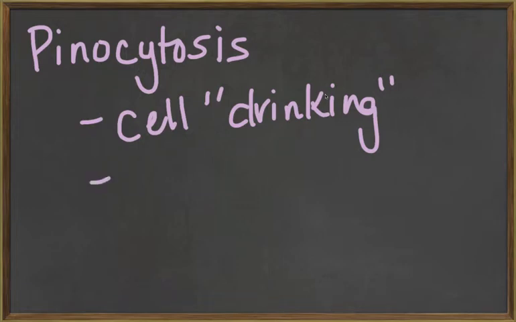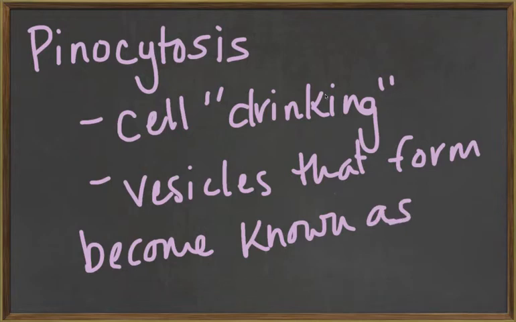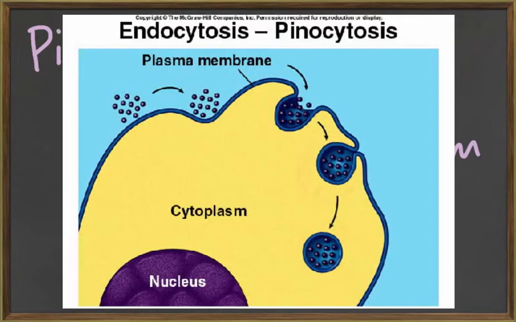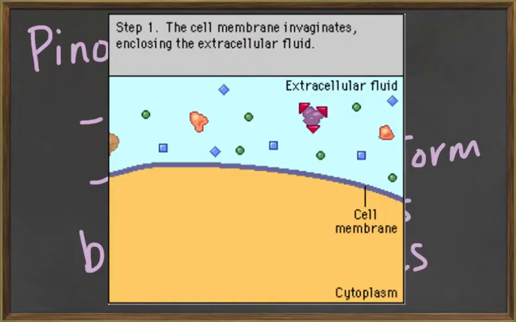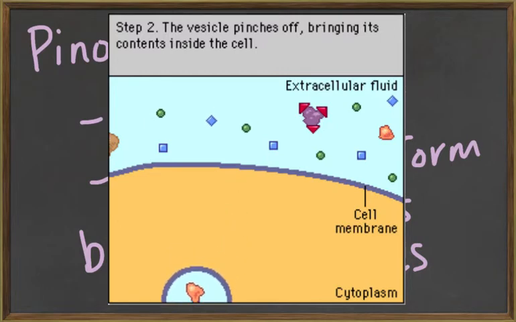Once they're taken inside, the vesicles that form become known as vacuoles. They become storage containers. You don't need to fuse with the lysosome, because with cell drinking, you're not taking any food in, you're just taking in the fluid. So you don't need to break it down into usable bits.